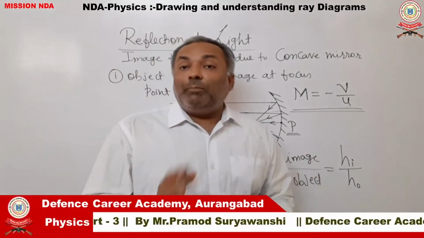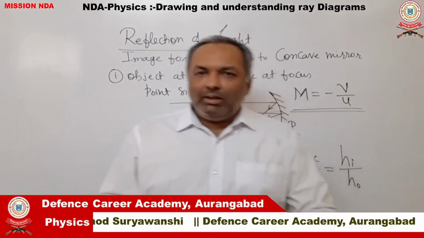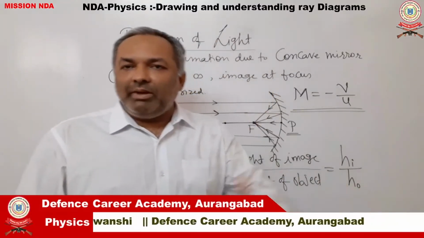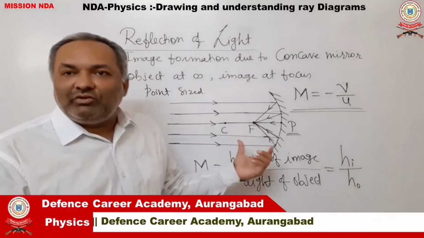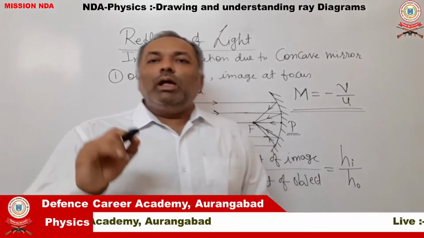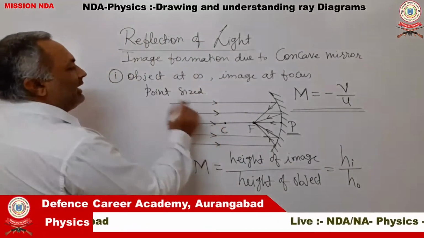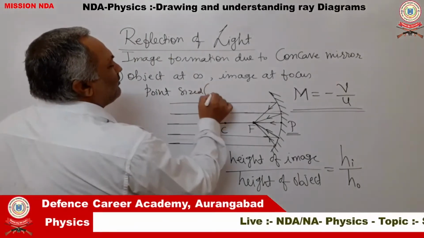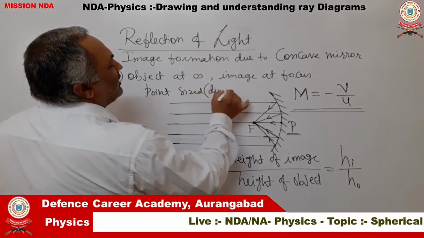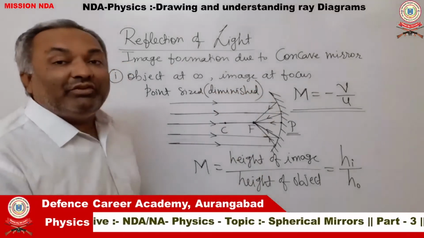Now, when you obtain an image which is much bigger than the object, we call it a magnified image. And when you get an image which is smaller than the object, we call it a diminished image. In this case, the image is of course point-sized, but to describe the quality, you can also term it a diminished image.